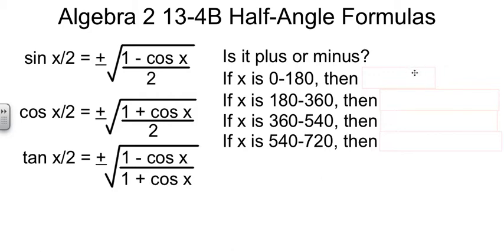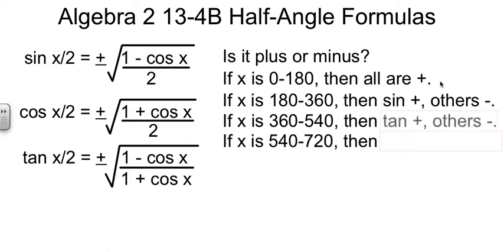If they tell you x is anywhere between 0 to 180, everything is positive. If they tell you x is between 180 to 360, sine is still positive. The other two are negative. Between 360 and 540, going around the circle a second time, tangent is positive and the others are negative.